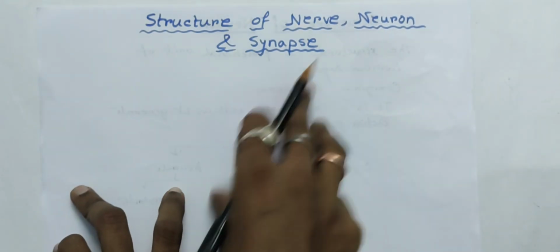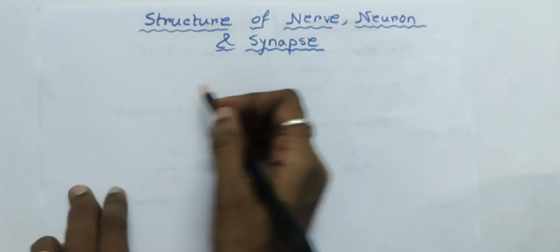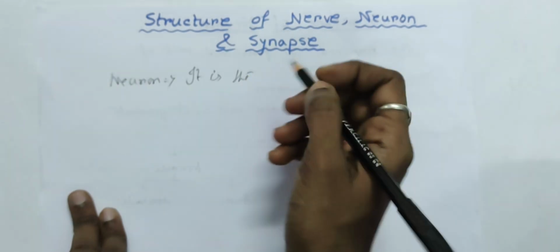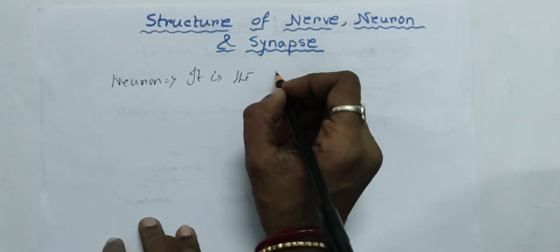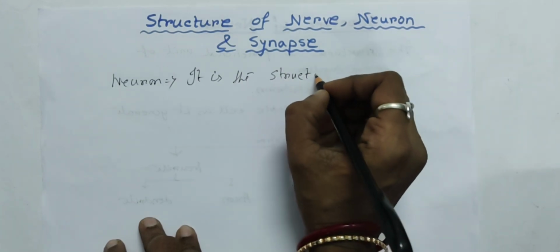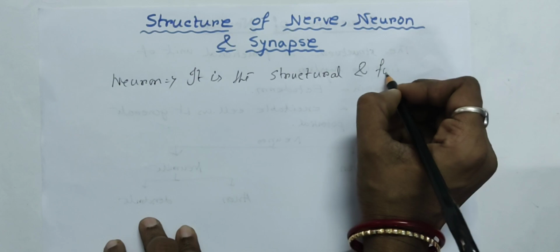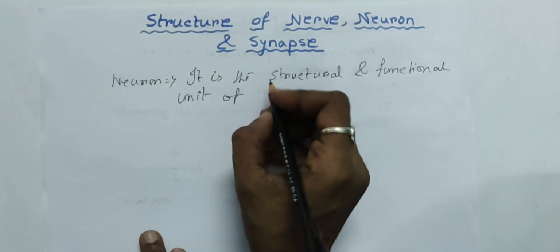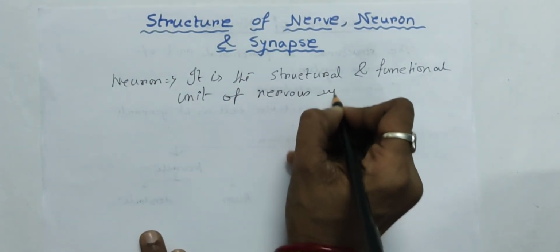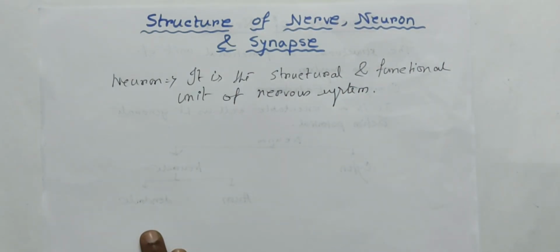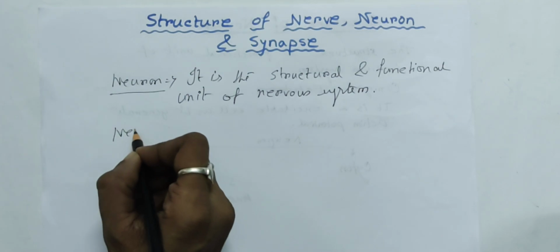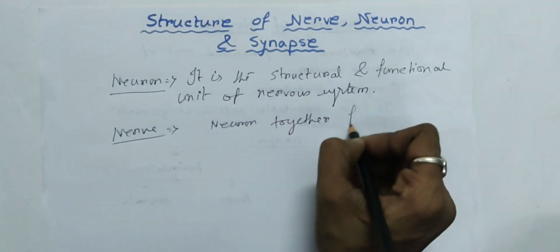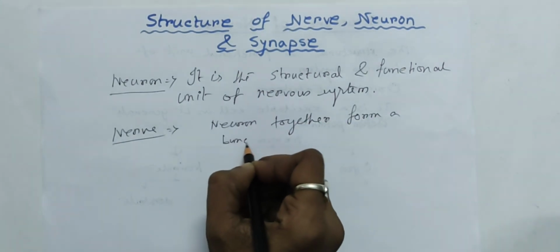Okay, neuron is the structural and functional unit of our nervous system. And nerve is neurons together forming a bunch, that is nerve.